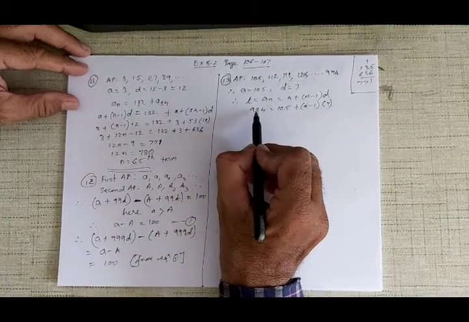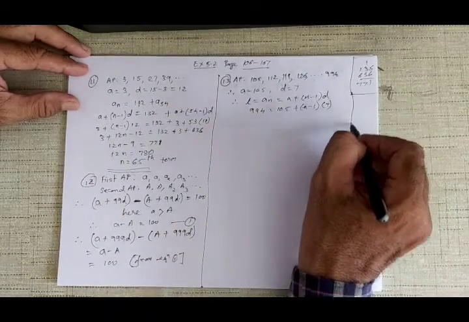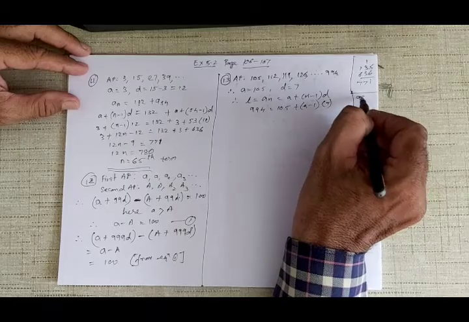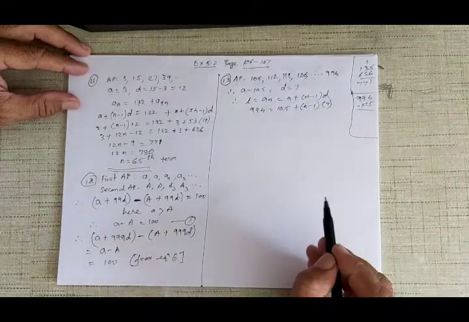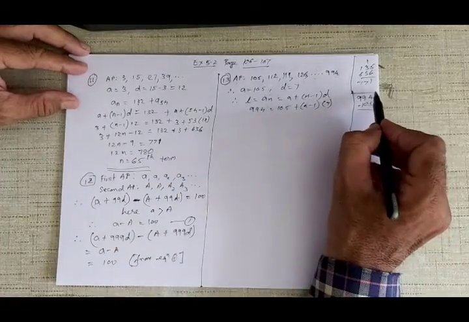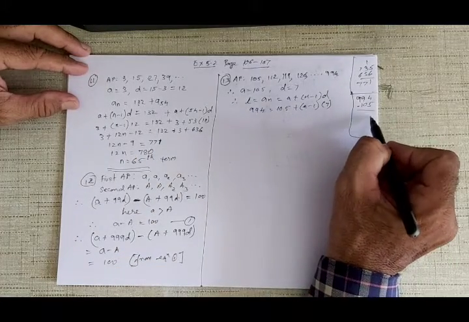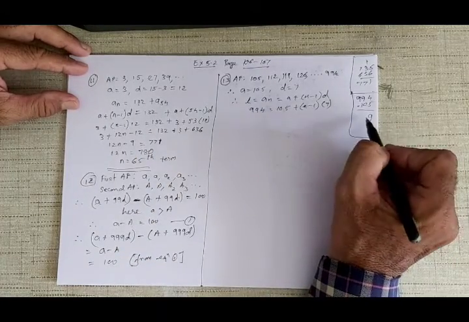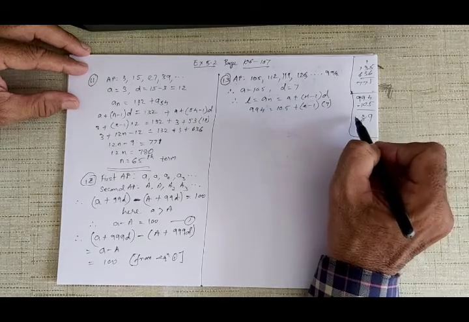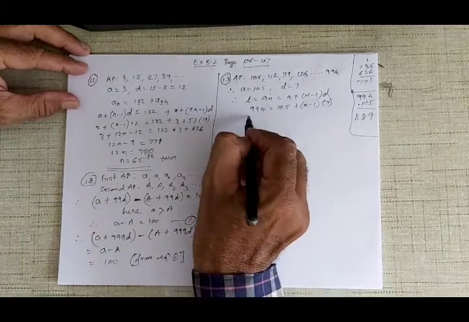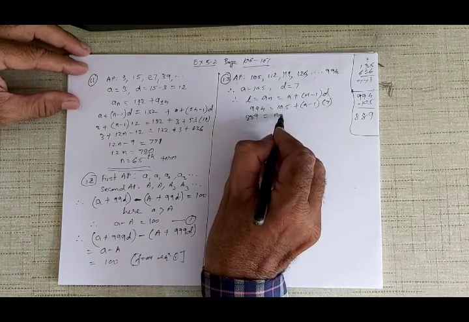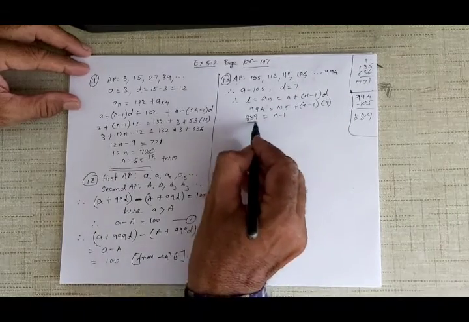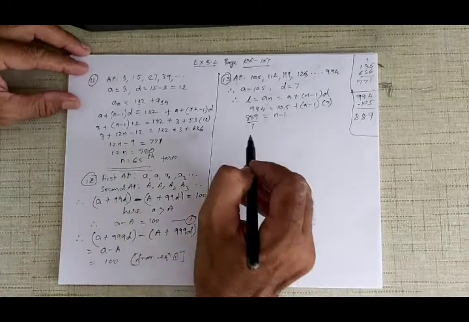Alright, so now if you subtract, 994 minus 105, 994 minus 105, 14. Okay, so 9 and 5, 14. 8 minus 0, 8. 9 minus 1, 8, 889. So 889 is equal to n minus 1 into 7, and take the 7 down here, division by 7.